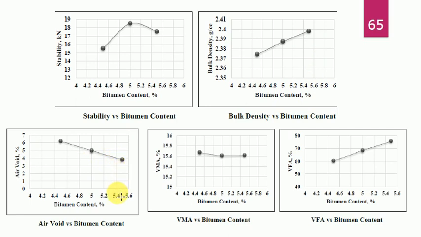So my optimum bitumen content is 5% for stability, 5.5 for density and 5.4 for air void content. The average of these three, 5 plus 5.5 plus 5.4 divided by 3, is my optimum bitumen content.